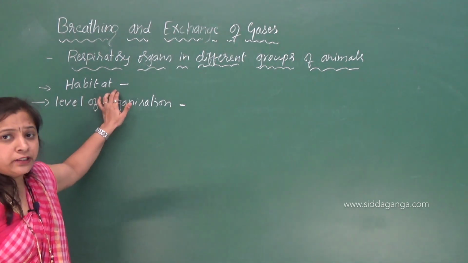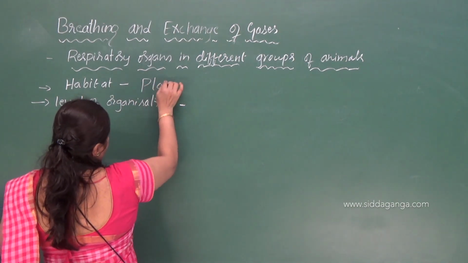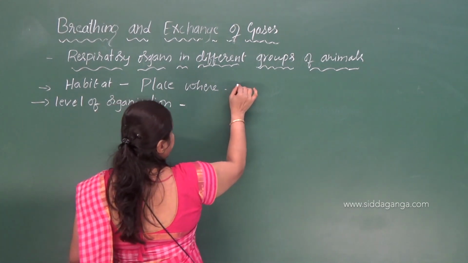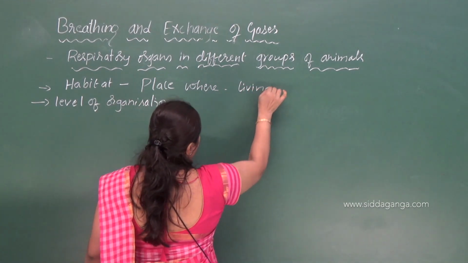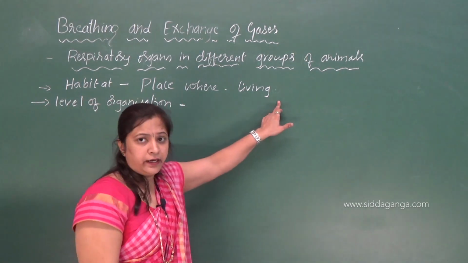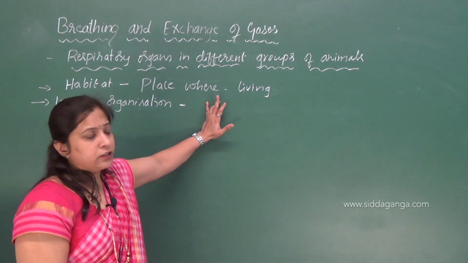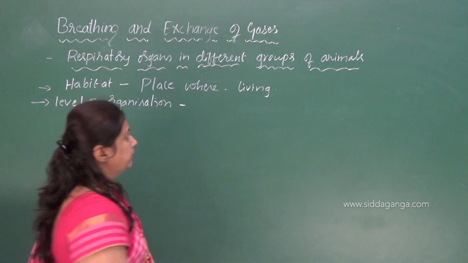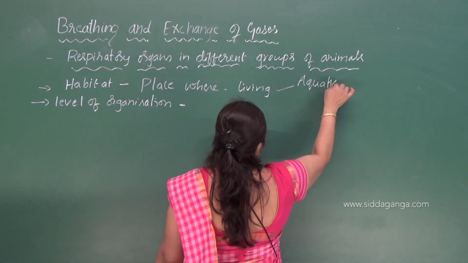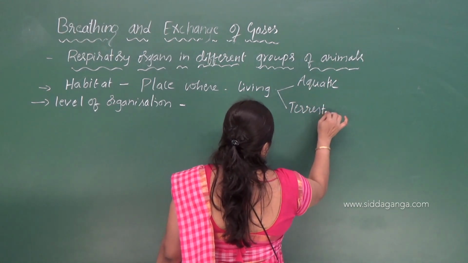Okay, so habitat means what? Habitat means it is a place where an animal is living. See, some animals are aquatic and some animals are terrestrial.